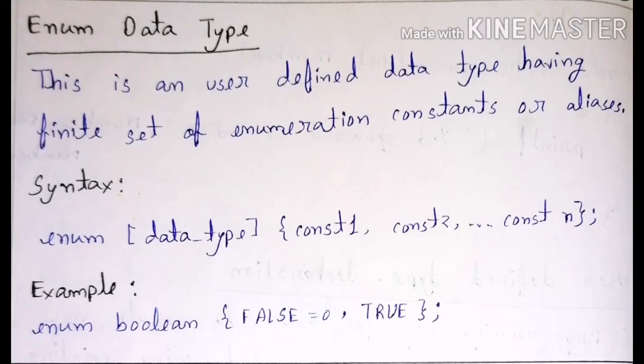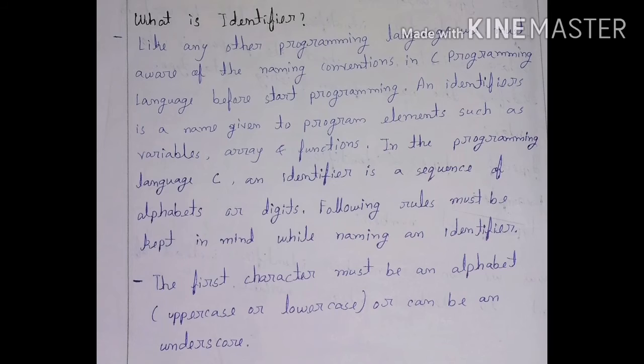So see the example. First we have to write enum, then we have to declare data type. We are declaring here boolean, then in brackets we have to declare values. False equal to 0, comma, true, then close bracket, then semicolon.